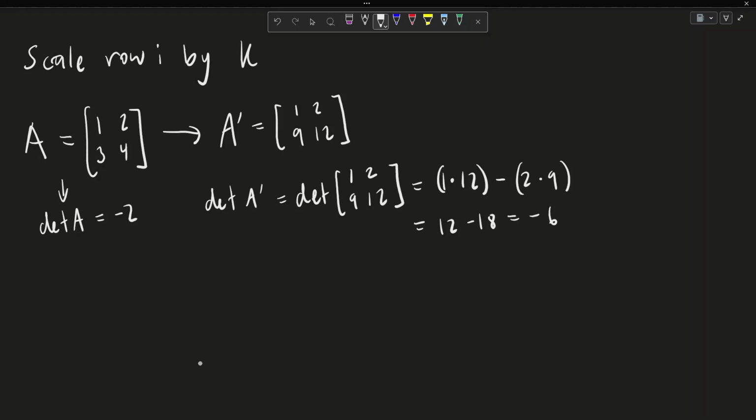And we know that negative 2 times some value k equals negative 6. And pretty intuitively, you can tell that k equals 3.